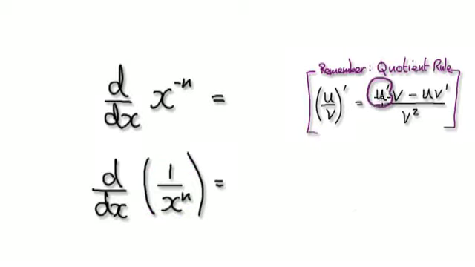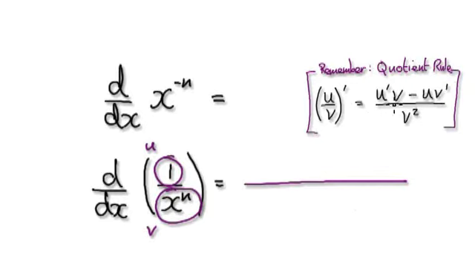So here, differentiate the u. Remember, this is u, and this here is v. Let's just blindly differentiate this using the quotient rule. So, differentiate u.